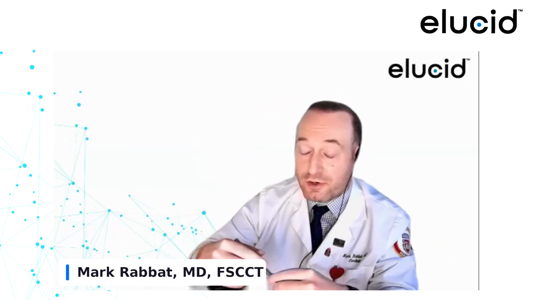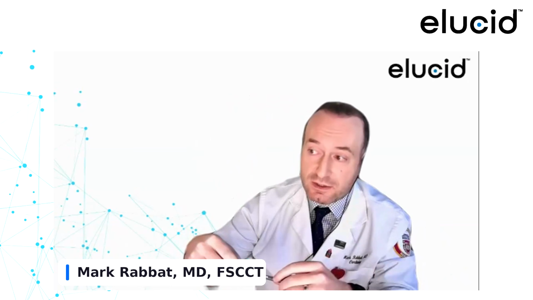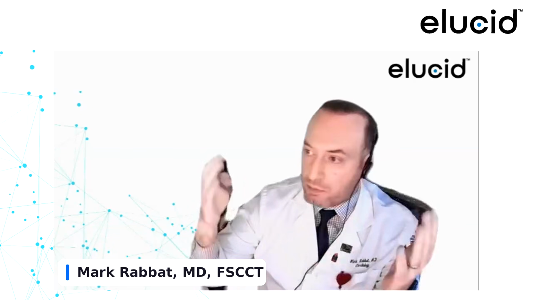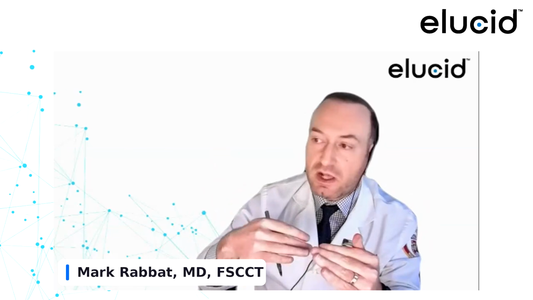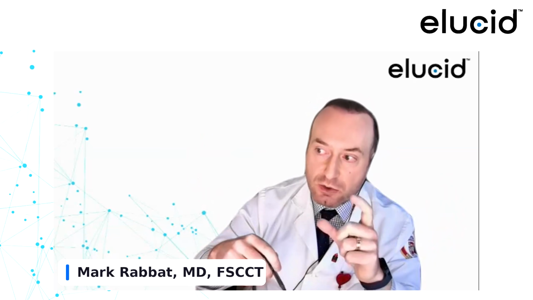Yeah, so Todd, great questions, and I'd like to echo what Brian had just said. I'm starting to report the delta gradient of the FFRct across the lesion. For example, let's say you have a proximal LAD lesion and just proximal to the stenosis, it's a 0.99, and the lesion-specific value may not technically fall into the positive range, maybe 0.82, 1 to 2 centimeters beyond the stenosis. That delta gradient and change across that lesion is quite significant.